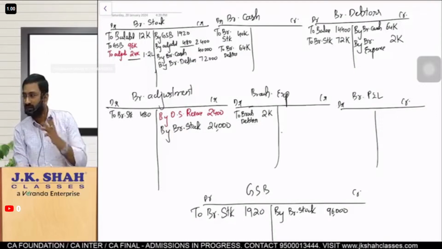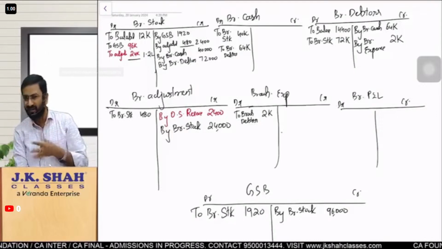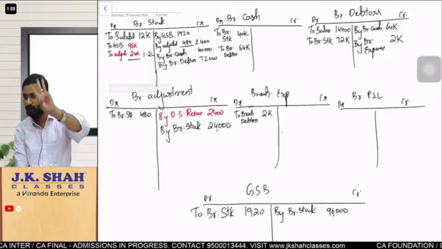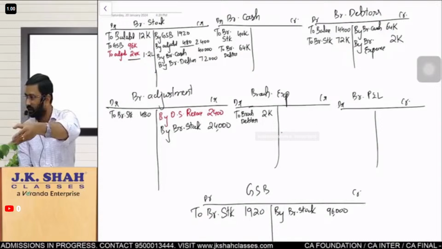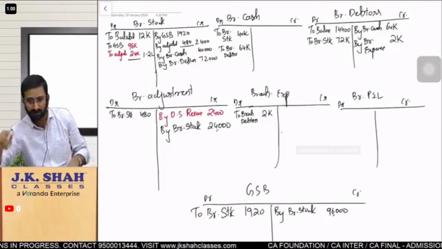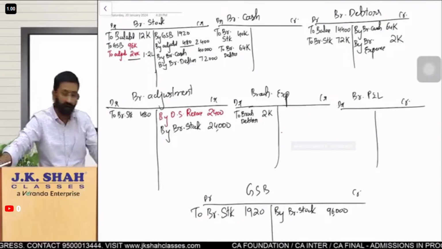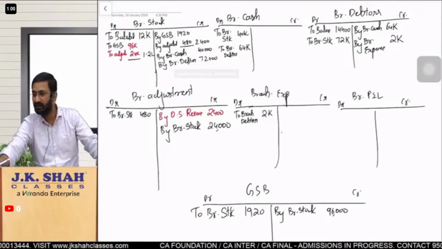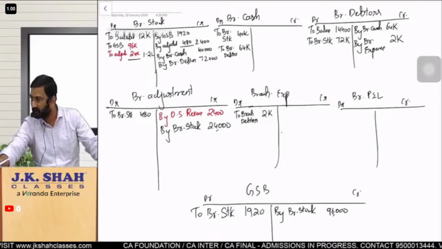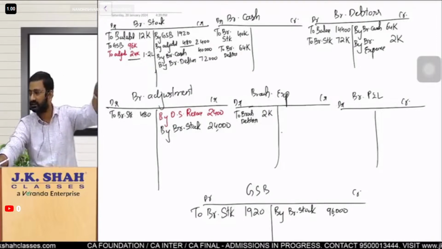And then you have another three expenses: salaries, rent and rates, and office expense, all put together, 16,800. Is the branch paying or is the head office paying directly? Head office. What is the entry? Branch expense to head office cash.